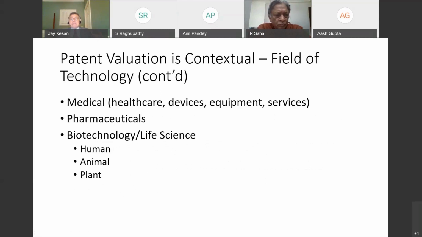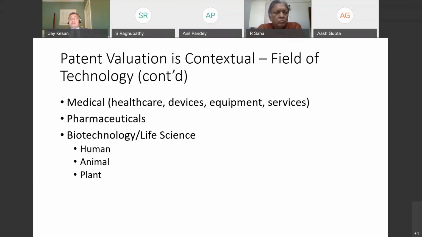So the other big area I want to talk about is the medical, pharmaceutical, biotech, life science space. And there you have patents covering all aspects of medical devices, medical equipment, and services associated with healthcare.